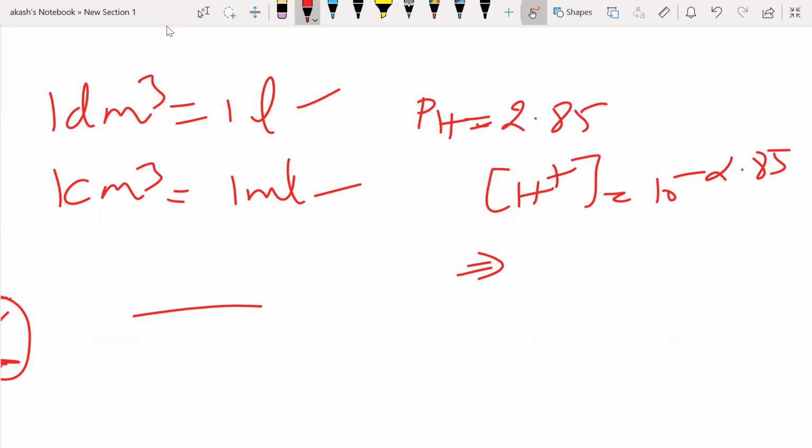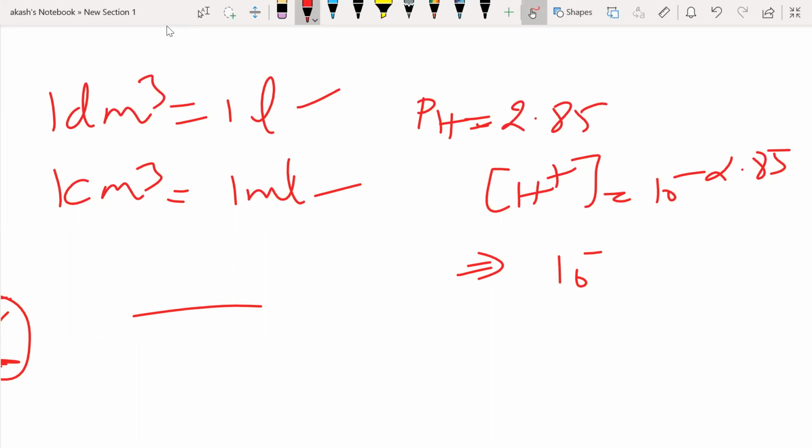But they have given some anti-log value of 0.15. So if I do 10 to the power minus 0.15, if I take that out, what is remaining? 2.7. That will not be working, right?